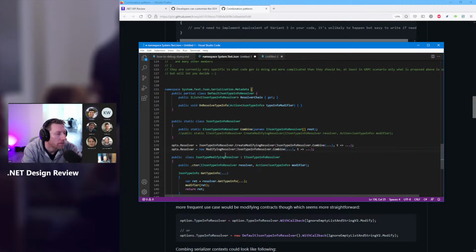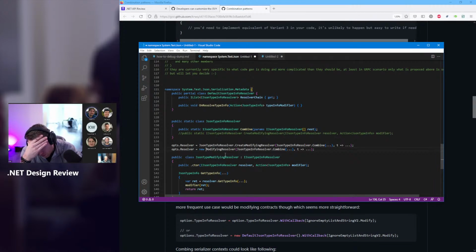It returns the first non-null result. The interface type can actually return a nullable JSON type info. So if the first one is null, it falls back to the second one. So the modifying resolver, except for the name, which suggests that it is modifying something else, could, if it doesn't want to give anything back, let me rephrase my question.